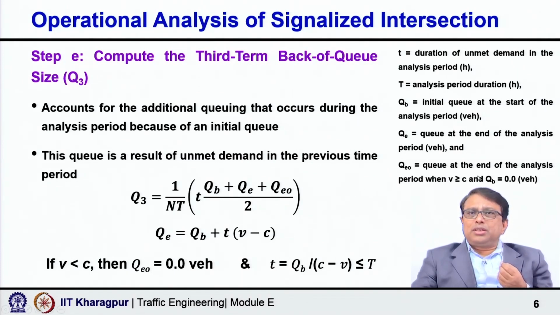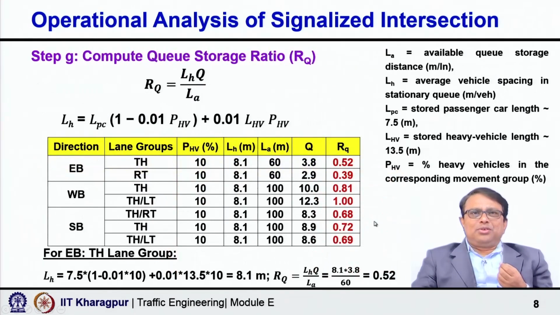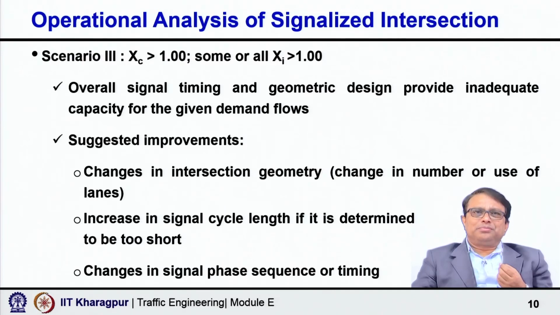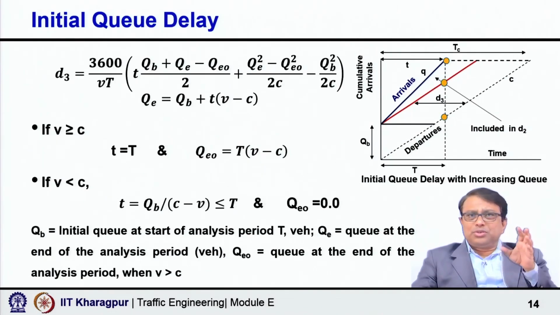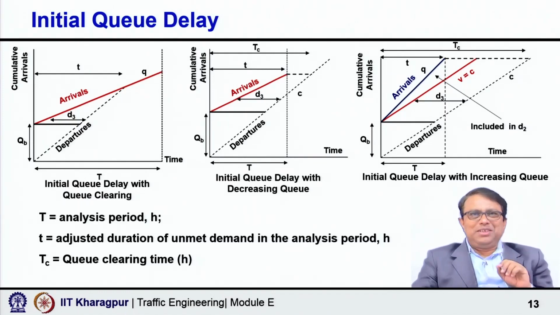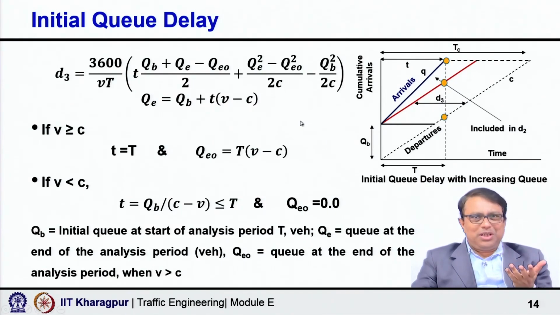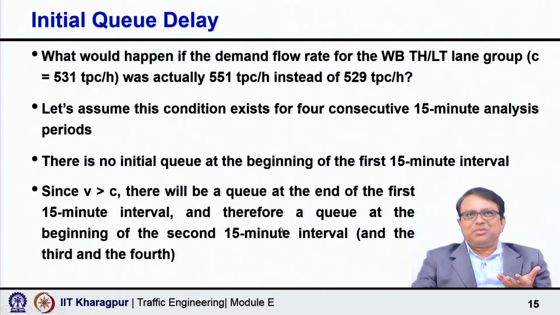It is the Q at the end of the analysis period when V is greater than or equal to C, and Q is the Q at the end of the analysis period. So, coming back, what we can say now? We know conceptually the possibilities, how to calculate also, the formula is also known, the equations are given. So, it is a simple calculation now.